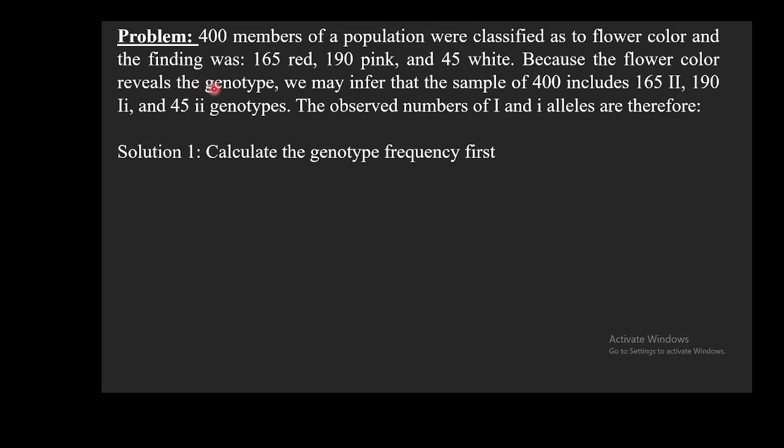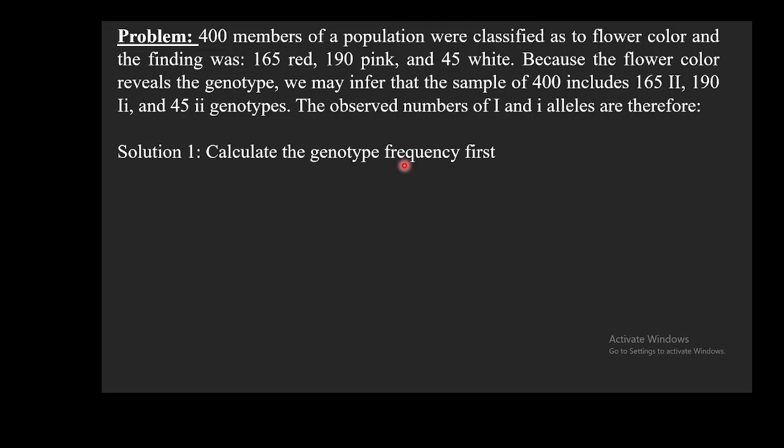Because the flower color reveals the genotype, we may add further that the sample of 400 includes 165 capital I capital I, which is a red genotype, 190 capital I small I, which is a pink genotype, and 45 small i small i, which is the white genotype. The observed number of I and i alleles is therefore what you need to calculate.